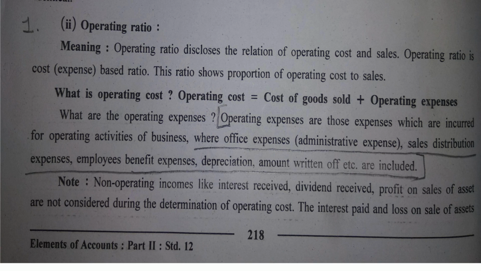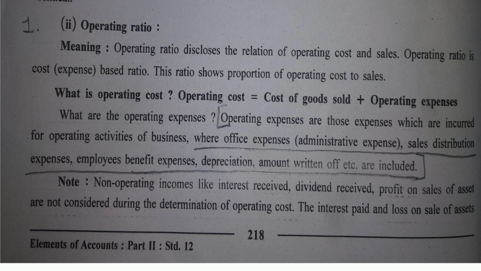You need to memorize this. You already know what administrative expenses and sales and distribution expenses are. We understood this while understanding the profit and loss account in final accounts. All the expenses are mentioned on the debit side of the profit and loss account.